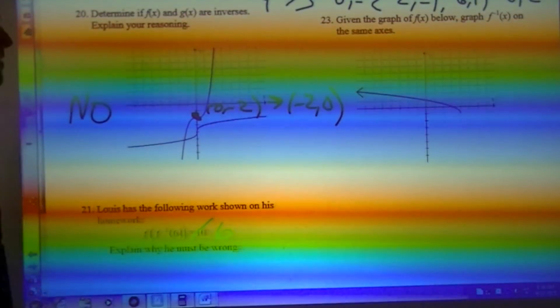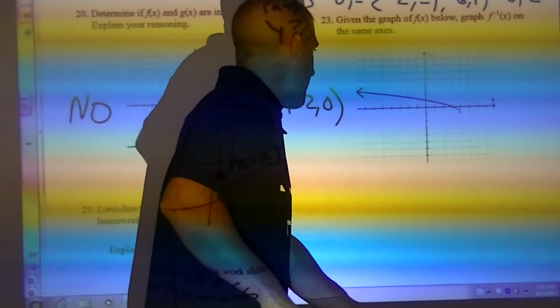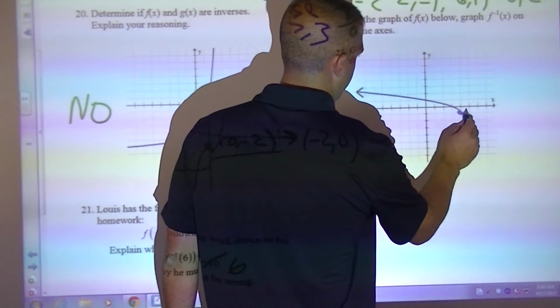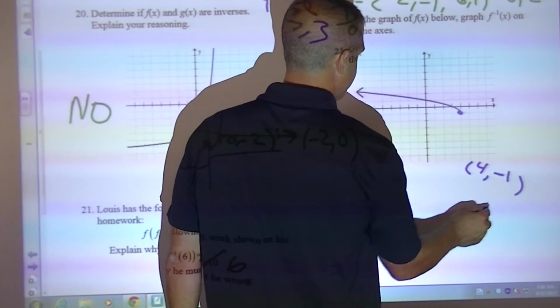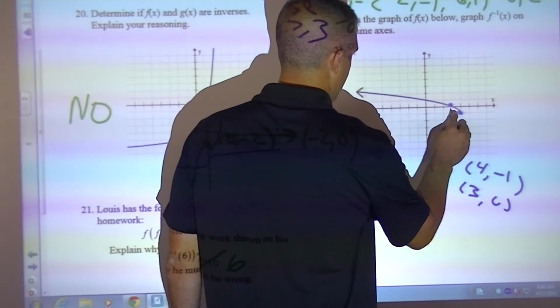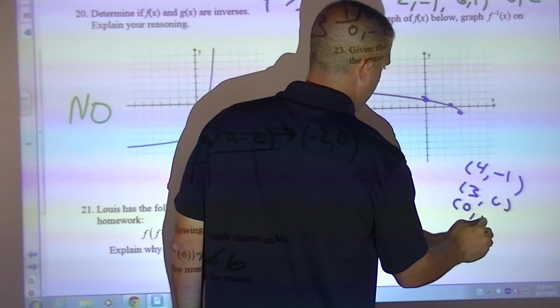Given the graph below, graph on the same axis once again. That point right there would be 4, -1. That would be 3, 0. This point here would be 0, 1. So I'm going to use these.